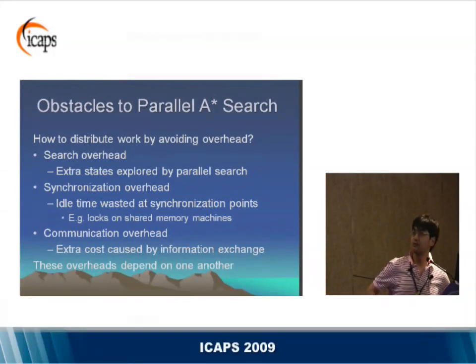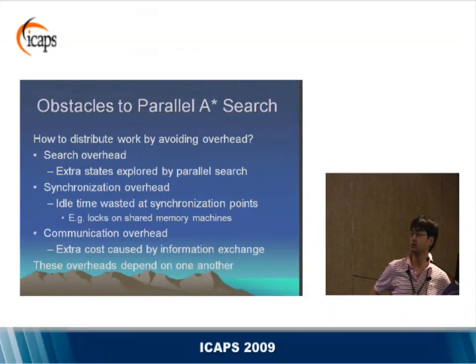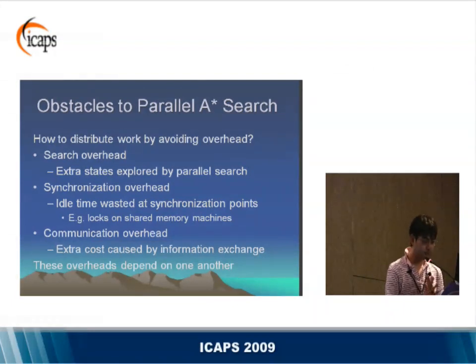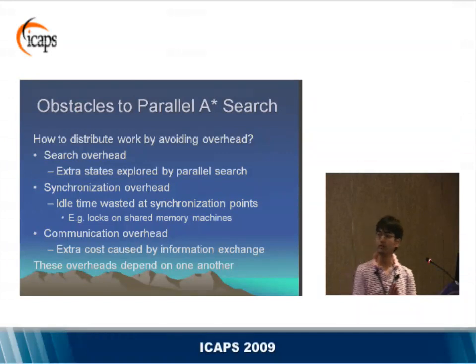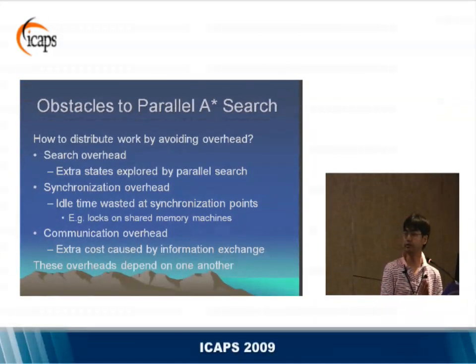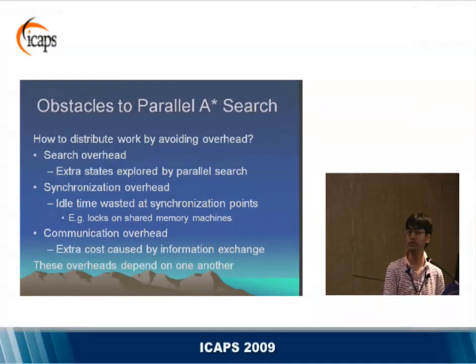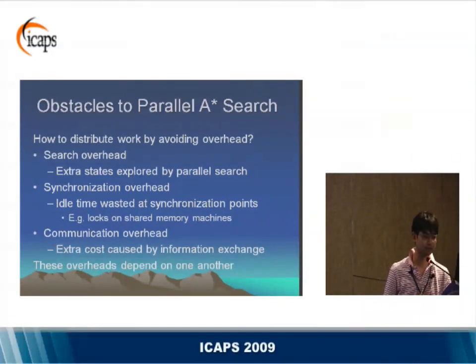The communication overhead is mainly caused by network communication, which is the extra cost to exchange information. And unfortunately, these overheads are not independent. They are dependent, and it is quite difficult to find the best case scenario theoretically. So many practitioners run a lot of experiments in order to minimize the overhead and maximize the speedup.